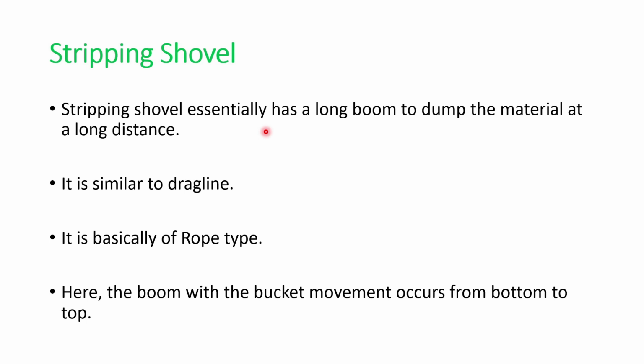Stripping shovel essentially has a long boom to dump the material at a long distance. It is similar to a drag line. It is basically of rope type because the boom length is very high, so it will be difficult to control it by the hydraulic cylinder. Here the boom with the bucket movement occurs from bottom towards the top.